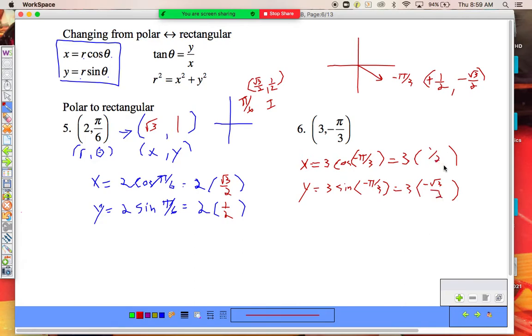Negative pi over 3 is in the fourth quadrant. My signs in the fourth quadrant are a positive and a negative. My ordered pair for all my pi over 3s, 3 is 1 plus 2, so I'm going to do 1/2 comma square root of 3 over 2. And this is the ordered pair I get: 1/2 comma negative square root of 3 over 2. Then I'm going to multiply my cosine by 3 and my sine by 3. You get 3/2 comma negative 3 square root of 3 over 2.